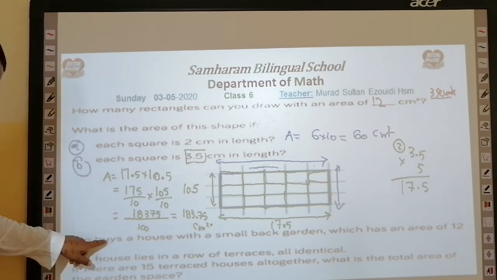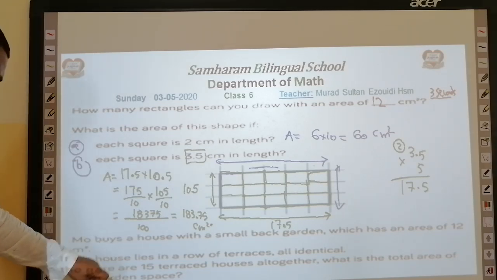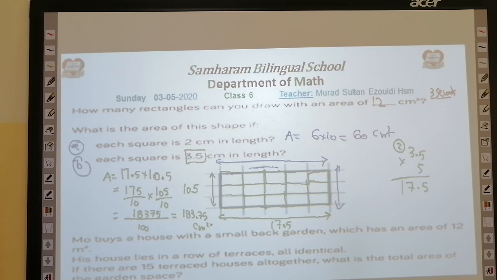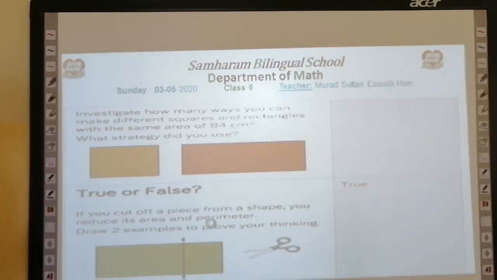So here, Mayo buys a house with a small back garden which has an area of 12 meters squared. His house lies in a row of terraces. All are identical. If there are 15 terraced houses altogether, what is the total area? So just multiply 12 by 15, learners.